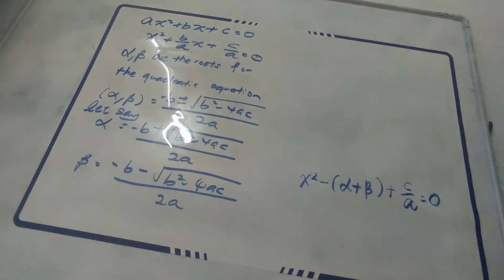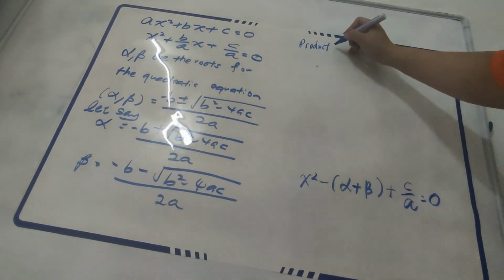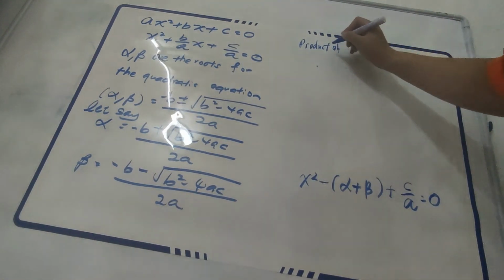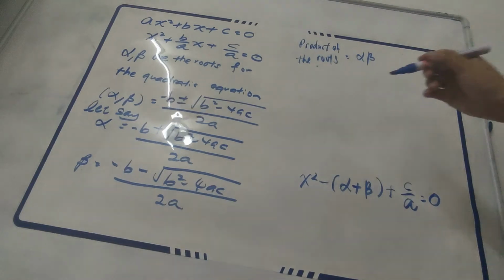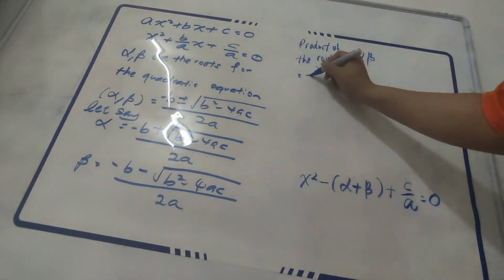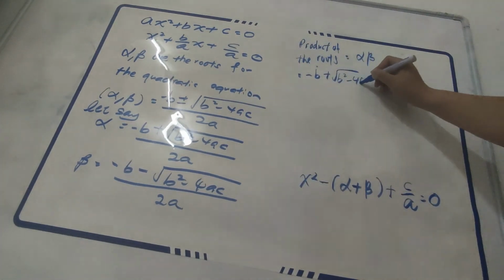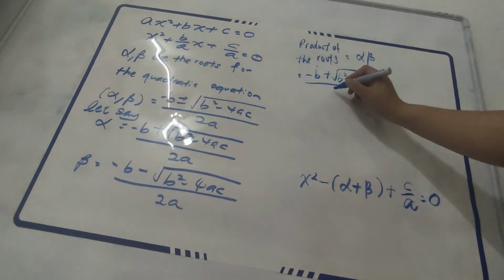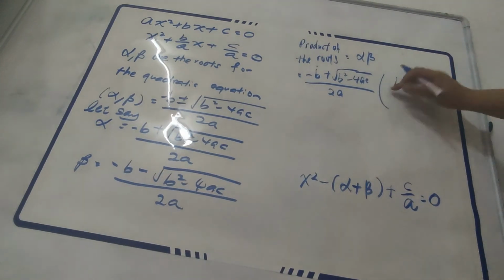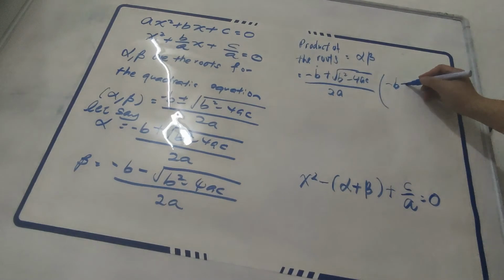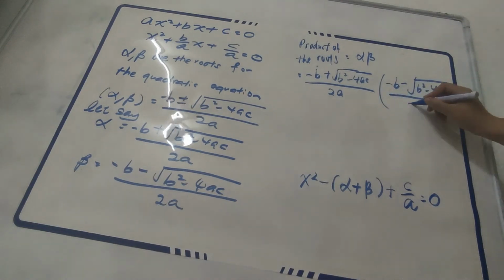Use back what we have here, the product of the roots equals alpha times beta, which also equals minus b plus square root b square minus 4ac divided by 2a, times minus b minus square root b square minus 4ac divided by 2a.